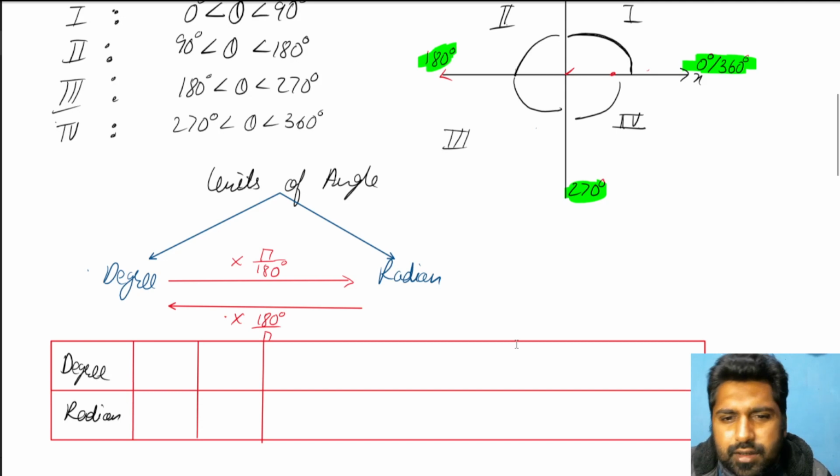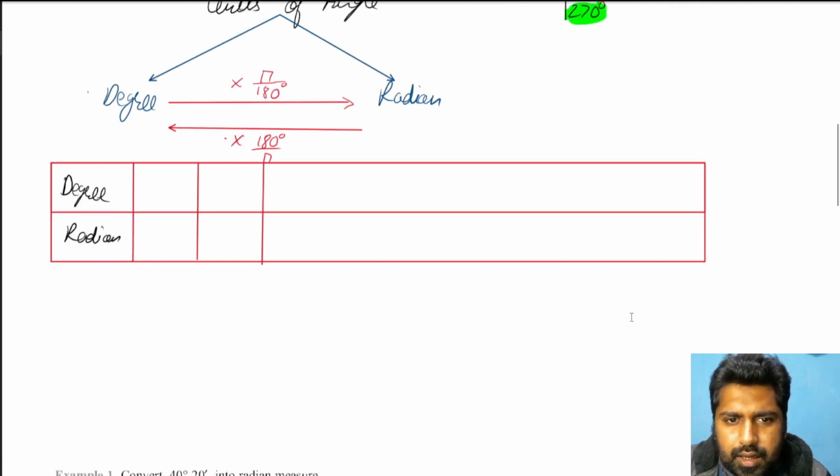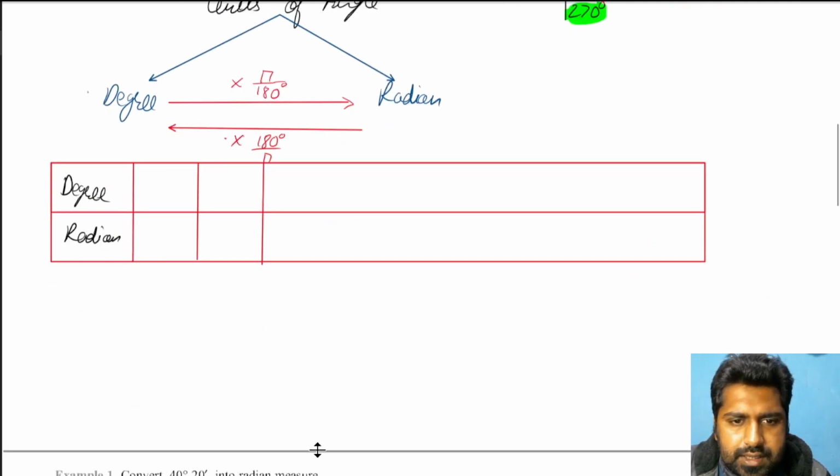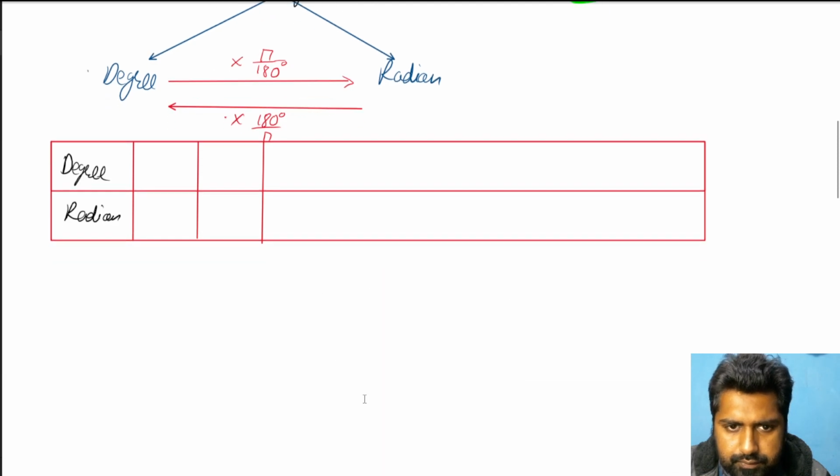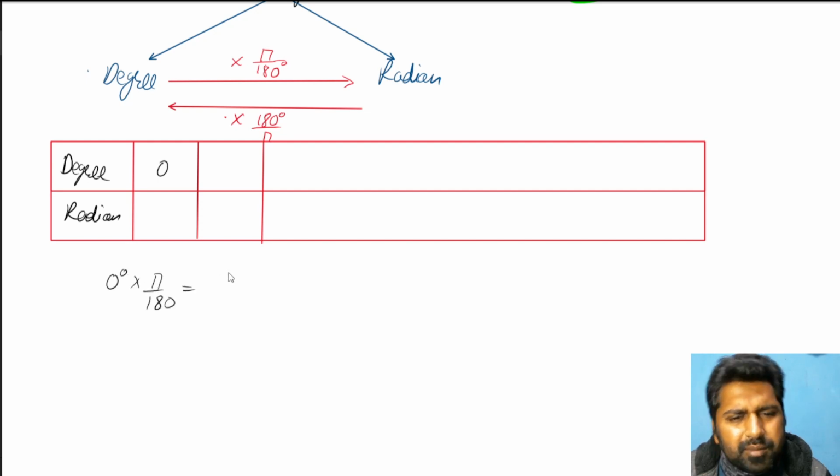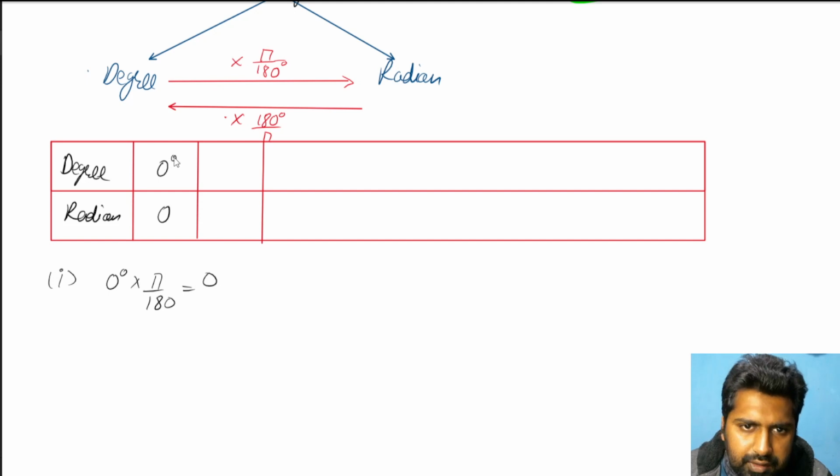So I'll simultaneously convert into radians and we'll see the table itself. Let's start with 0. In order to convert 0 degree, I have to multiply by pi by 180. Anything multiplied by 0 is 0. So 0 degree is same as 0 radians, but in degree we have put a sign of degree. In radian there is no sign.